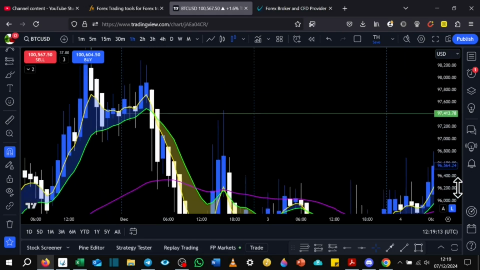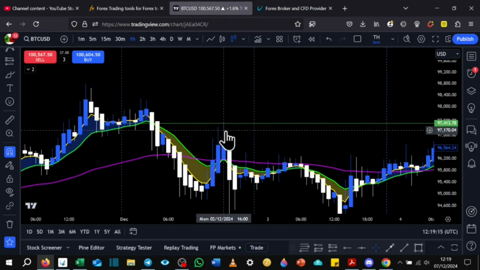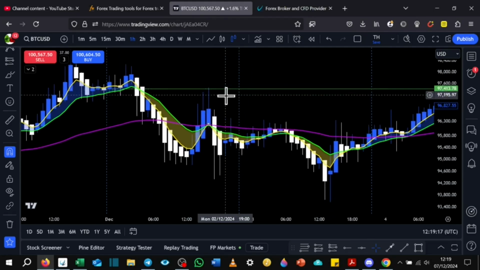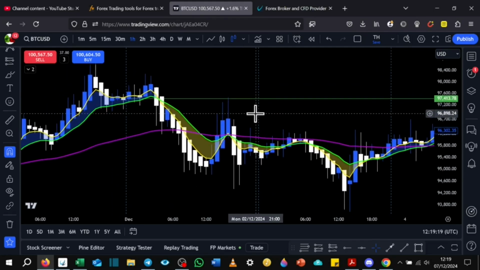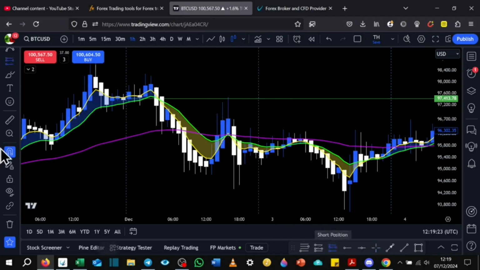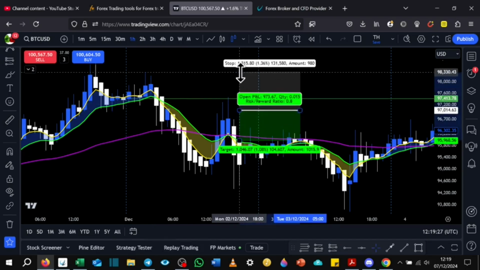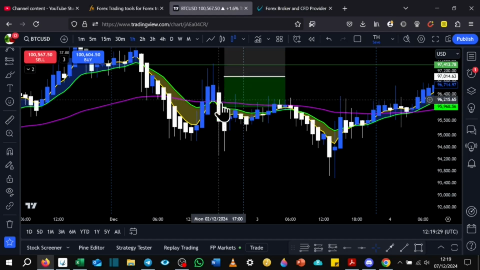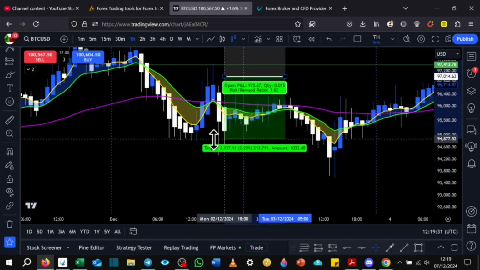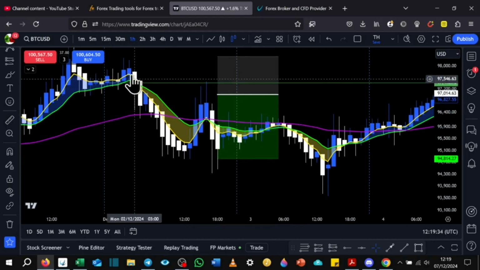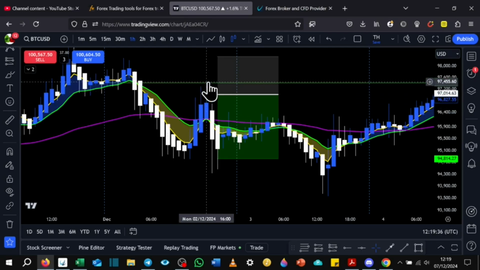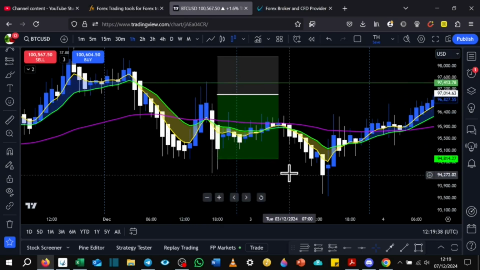However, if you did see that the market started to reject from this area, you could go in for a short, and then the short position would be here, and then the target would be this low here. So it's a bit of a tricky trade to catch this one. Nevertheless, it did work out.